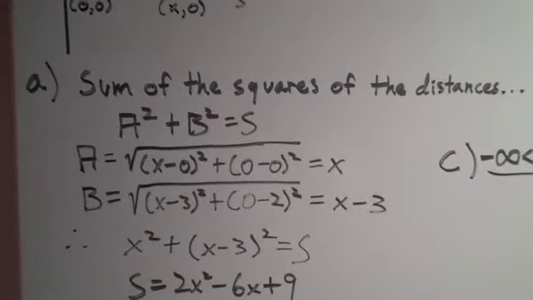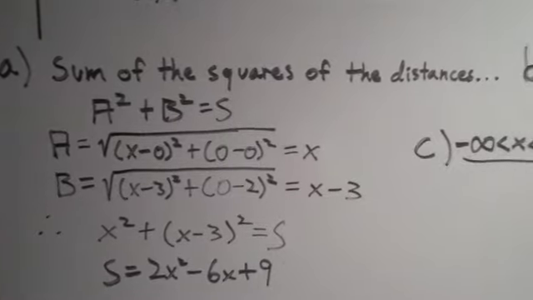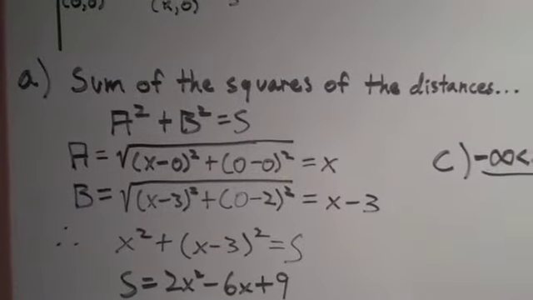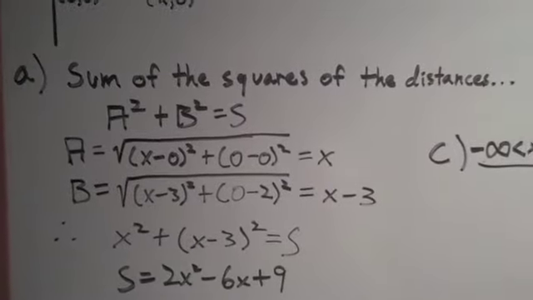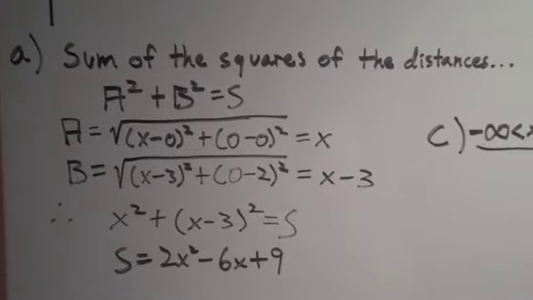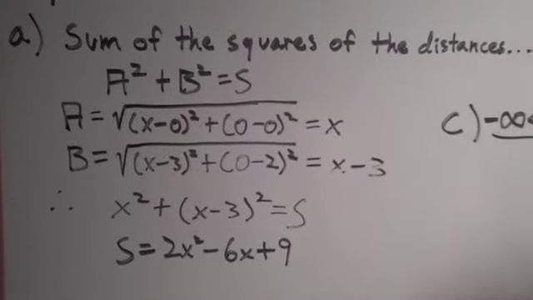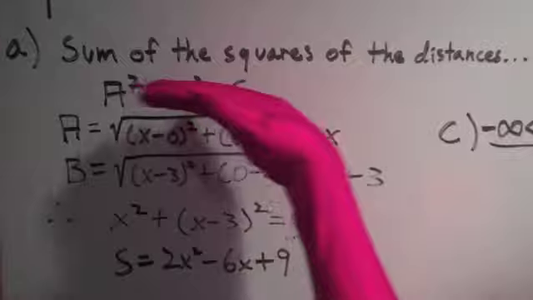Step A, the sum of the squares of the distances. To set up the primary equation, the primary equation can be expressed by the phrase sum of the squares of the distances.